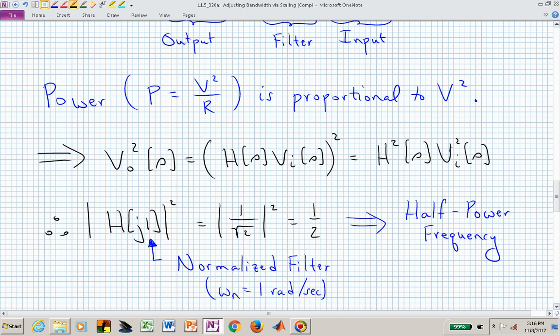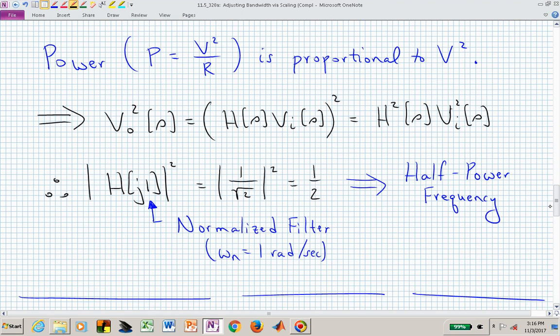So the power from the input to the output is related by 1/2. The output power is 1/2 the input power at this cutoff frequency. And that's how you can make the half power frequency and the cutoff frequency connected, or actually the same frequency.